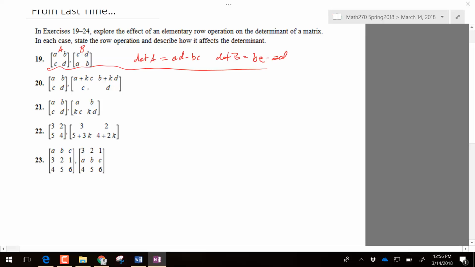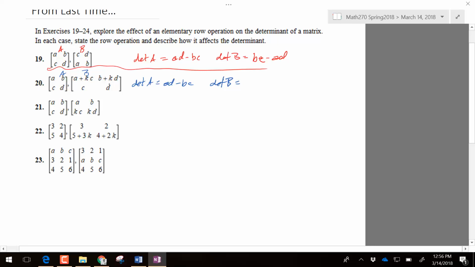Let's find the determinant of this next one, A and B again. The determinant of the first one is again AD minus BC. And now the next one looks a little bit more complicated.